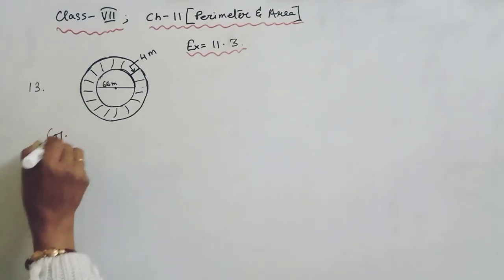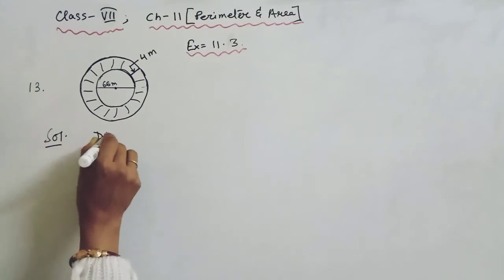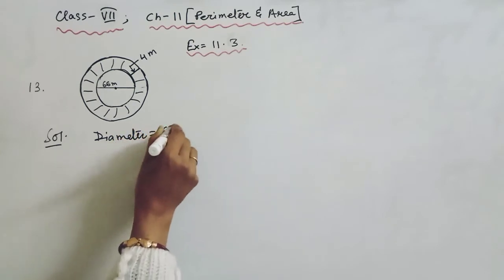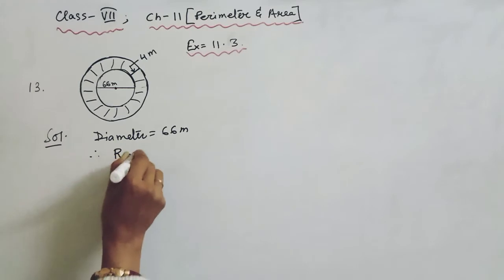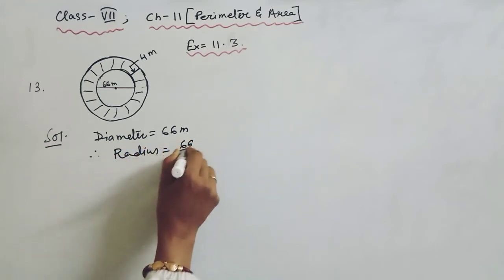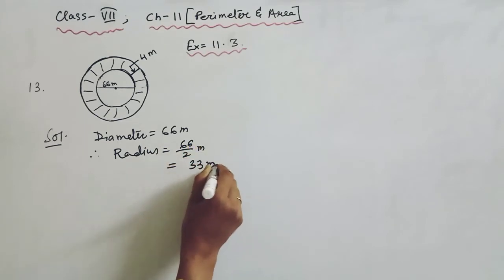Solution, we will start now. Given diameter equal to 66 meter, therefore radius is 66 by 2 meter, that is 33 meter.